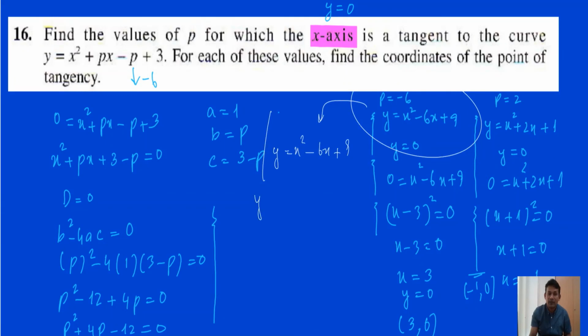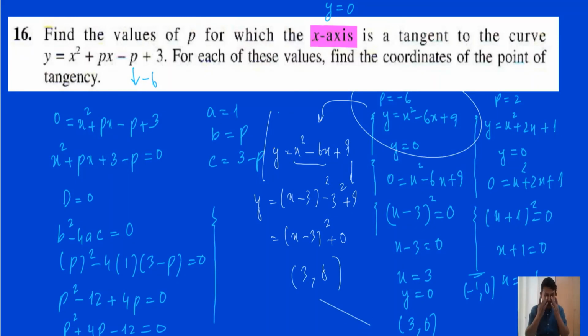The turning point method: I take this value, x minus half of 6 is 3, whole squared, and minus 3 squared, and I have to copy plus 9. So x minus 3 whole squared, and 3 squared is 9, so the remainder is 0. The turning point is (3, 0). Check, both are the same. So it is very important that when the x-axis is tangent, the point of tangency is always the turning point.